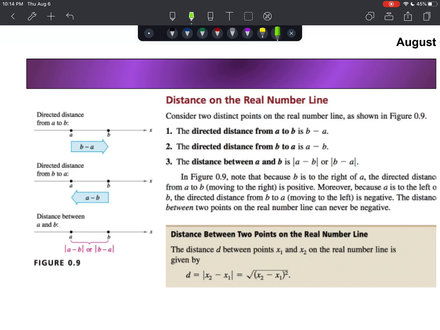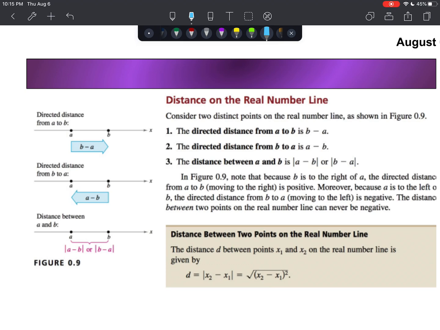We mentioned that distance is always positive when we were talking about absolute value. Distance is always positive. However, directed distance is not. Directed distance has a sign. So a positive move is a positive distance. A negative move is a negative directed distance.